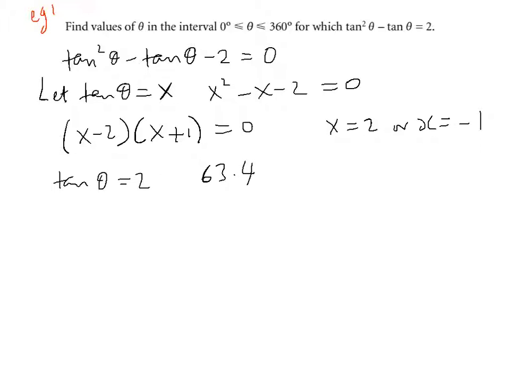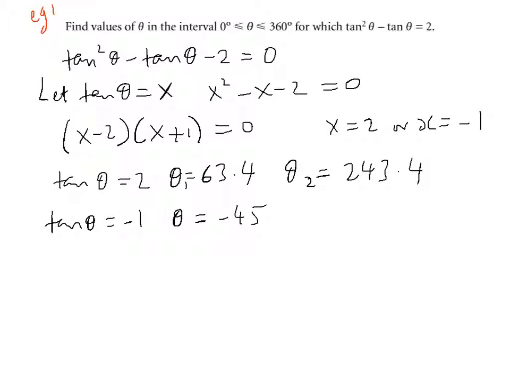We can add 180 to this, and that should give us 243.4. If we do tan theta equals minus 1, and we do the inverse tan of minus 1, we should get theta equals minus 45. But since that's not on our range, we can discard that.